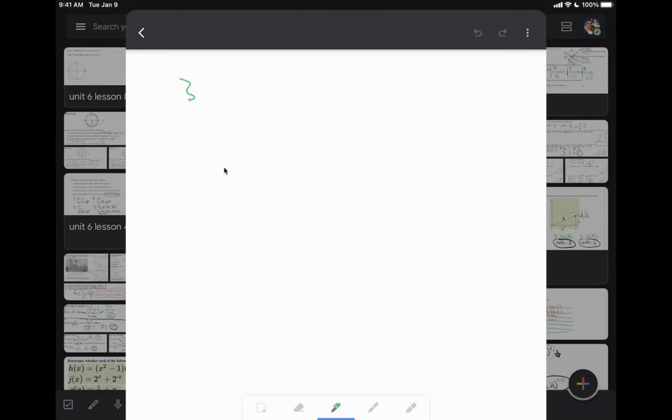So I know to figure out the height, I have to do 30 times the sine of the angle plus 40. Okay? So they want to know, when is that equal to 60 feet?